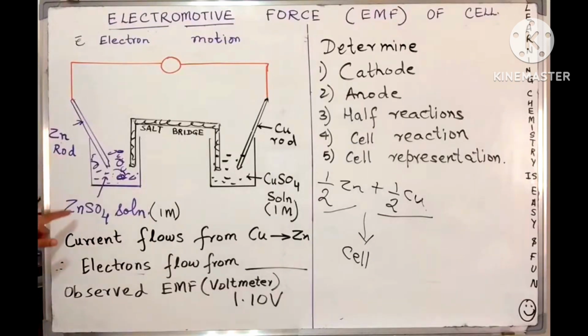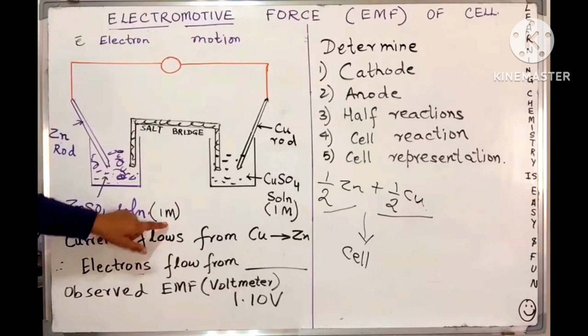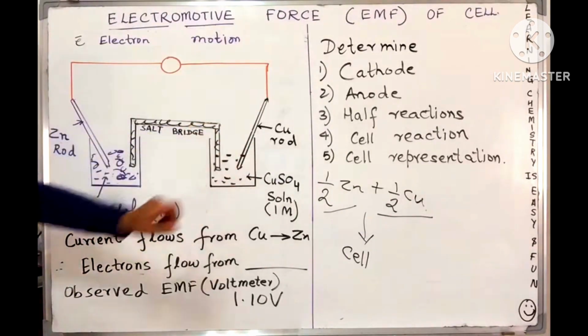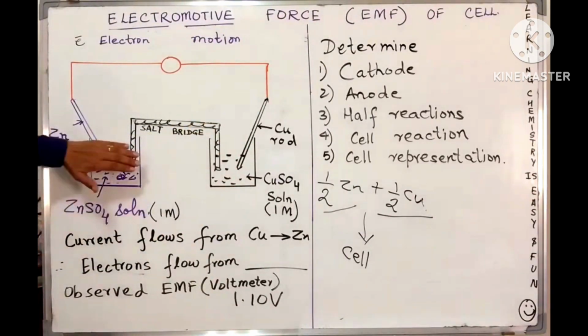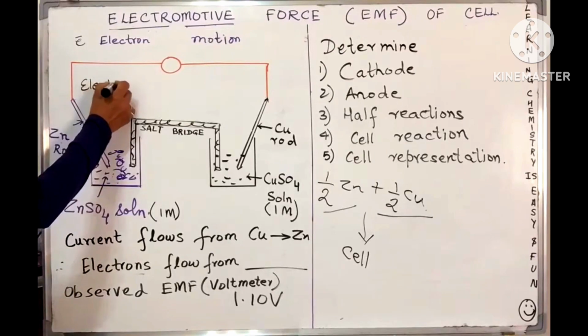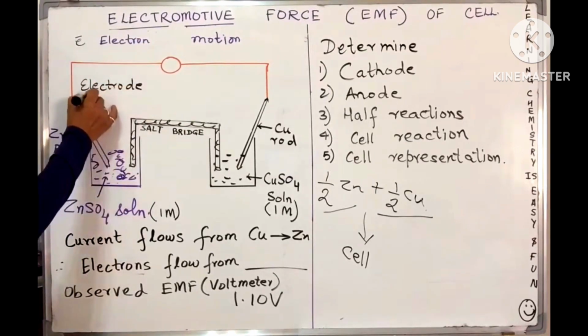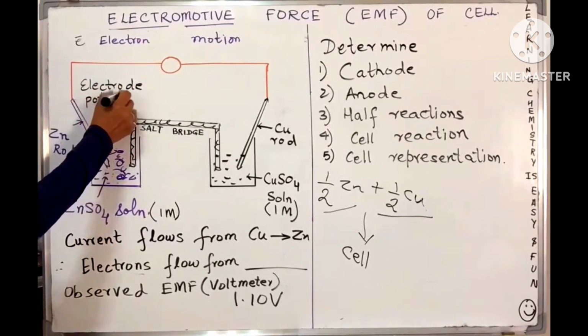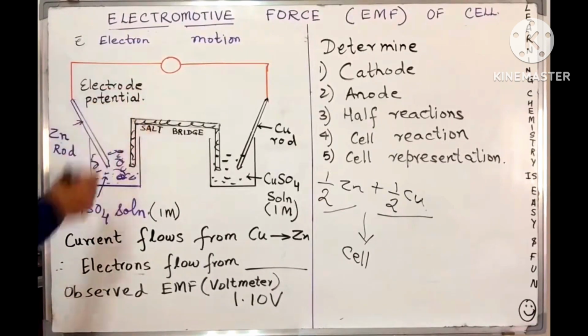I've got a zinc rod dipping in a solution of zinc sulfate, which I've specified as 1 molar, and a copper rod dipping in a solution of copper sulfate. Now, there is a certain potential of each electrode, and we call it the electrode potential. We have spoken about it and its measurement in our earlier video on electrode potential, where we also discussed the standard hydrogen electrode.